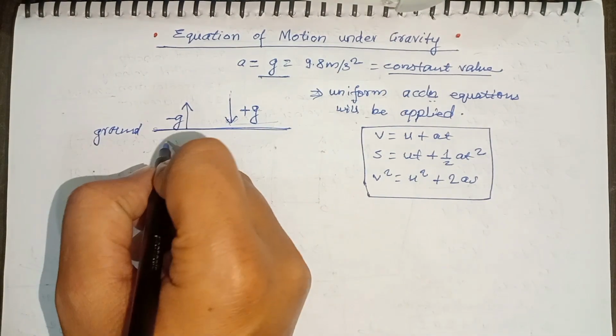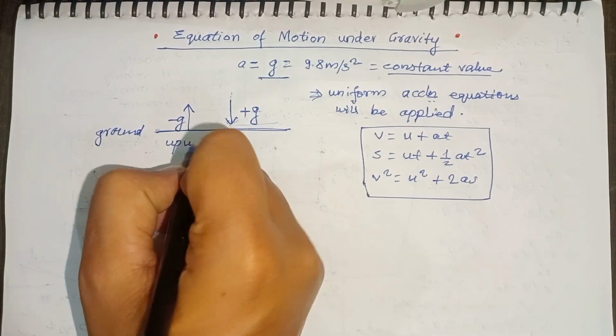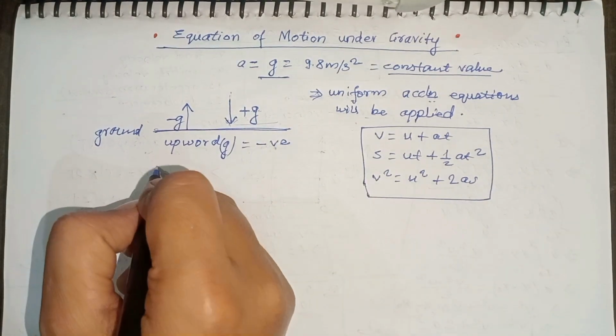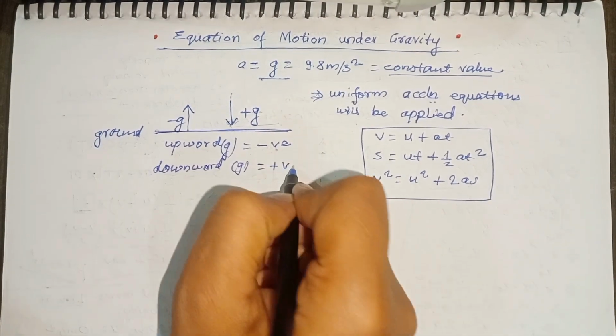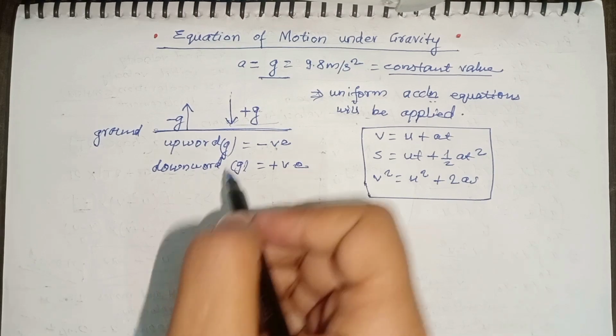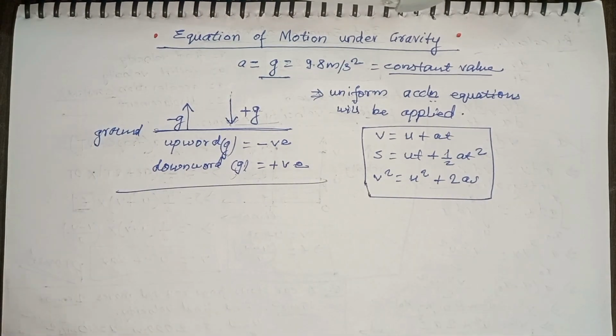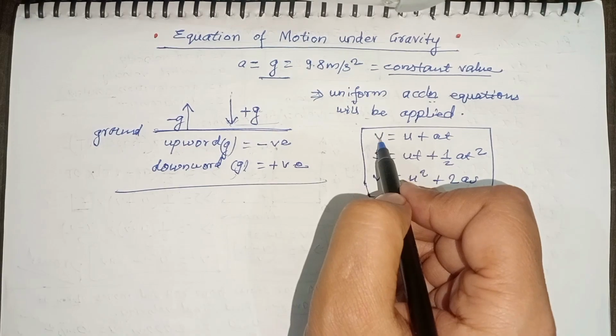So we can write here: upward g is negative, downward g is positive. Downward g means g in the favor of gravity, that is positive.